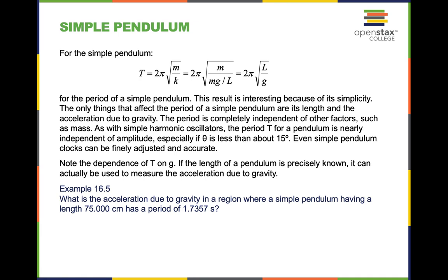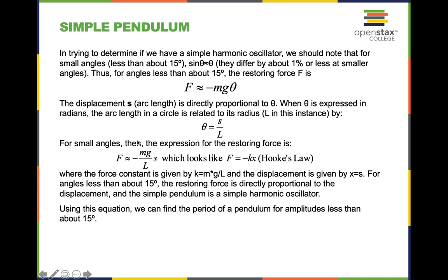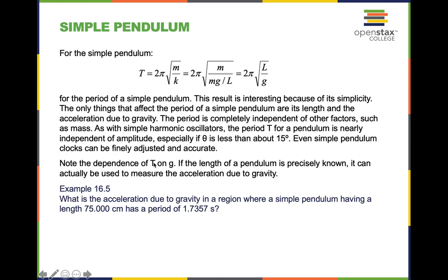But now if we plug in what k is, mg over L, the m's cancel, right? And this g over L is at the bottom, so we can flip the L to the top. So our period for our simple pendulum is 2 pi square root of L over g.